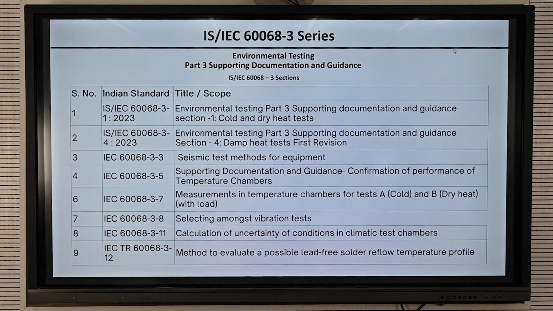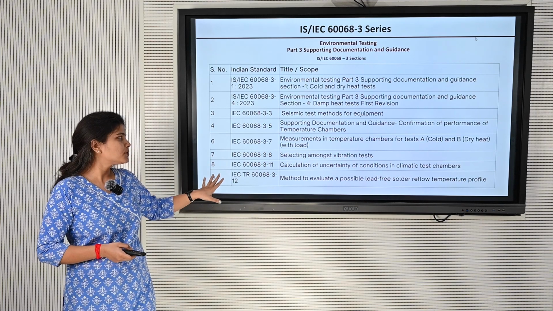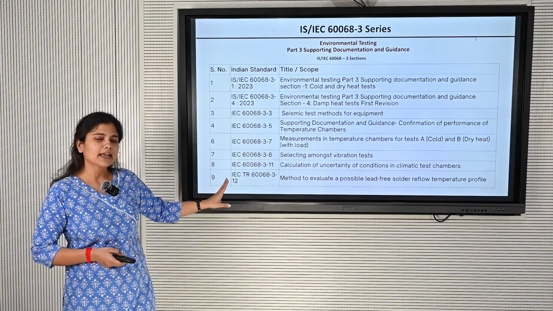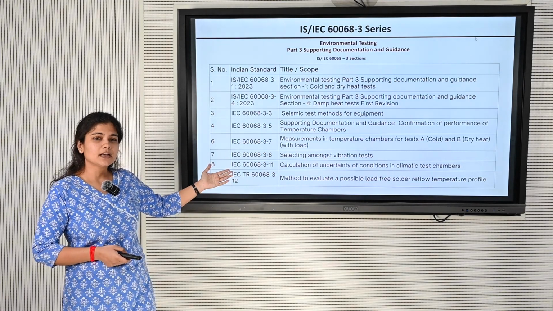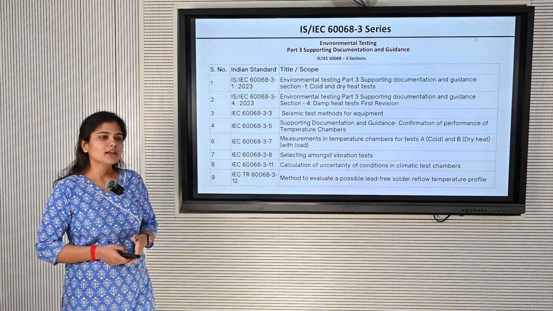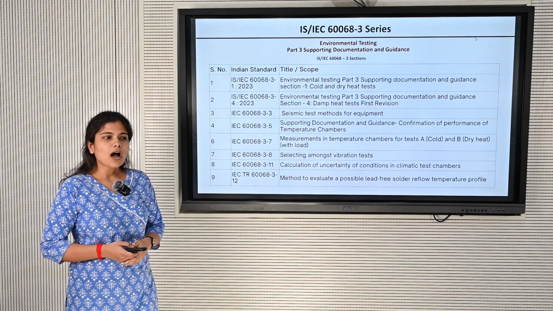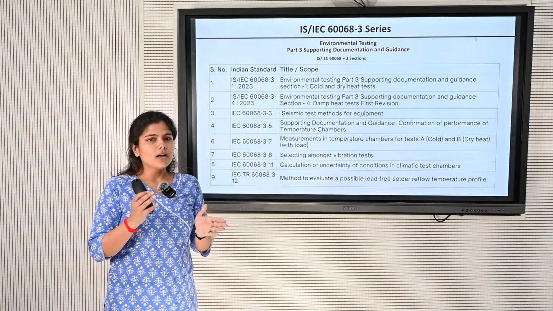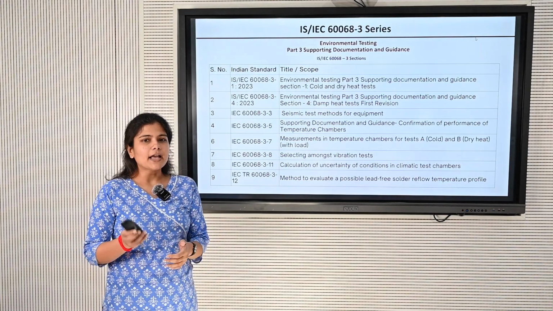You can go through all these different parts of 60068 as well as different sections of 60068 part 2 and part 3 and dive deep into how we ascertain the environmental conditions are met by your devices.